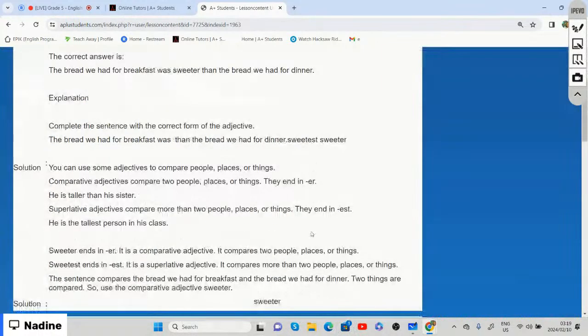Like we said, to compare people, places, or things. And we have a superlative adjective and a comparative adjective. And we said a comparative adjective compares two people, places, or things and ends in er. And a superlative adjective compares two or more people, places, or things, and they end in est.